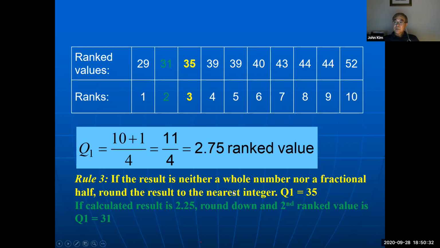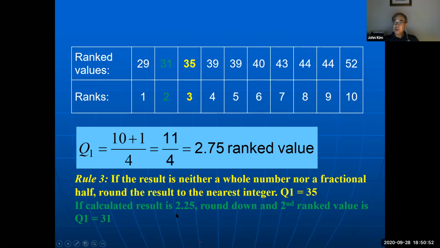And then if the result is 2.75, round up; 2.25, round down. So in this case, the third ranked value is the first quartile, so 35.